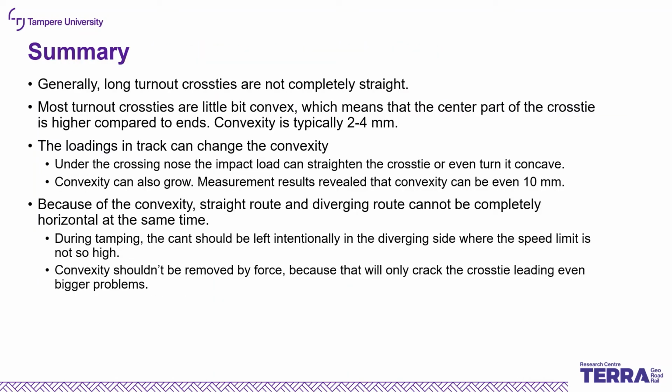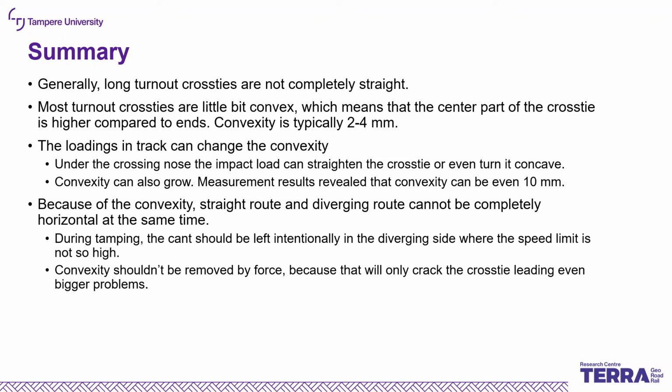So in summary, generally long turnout cross ties are not completely straight, as you would think. Most turnout cross ties are a little bit convex, which means that the center part of the cross tie is higher compared to the ends. The convexity is typically 2 to 4 millimeters. And loadings in the track can change that convexity.